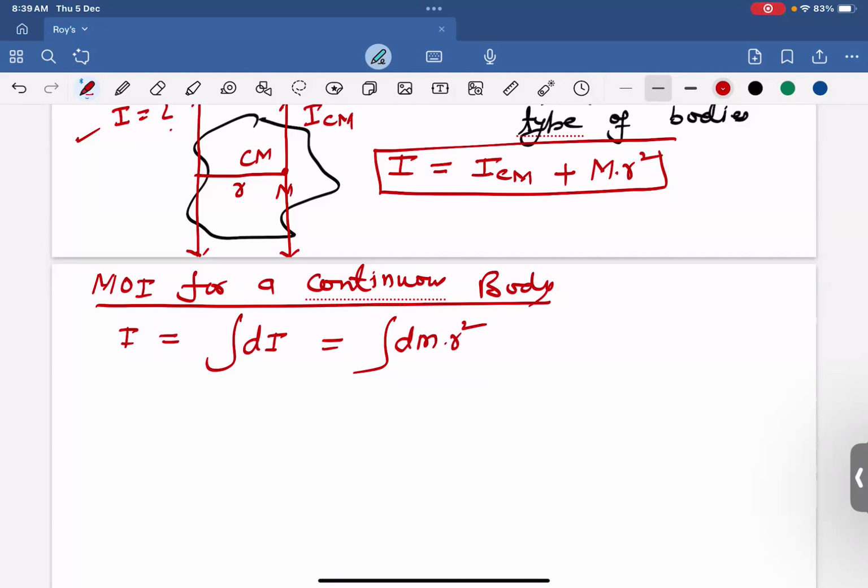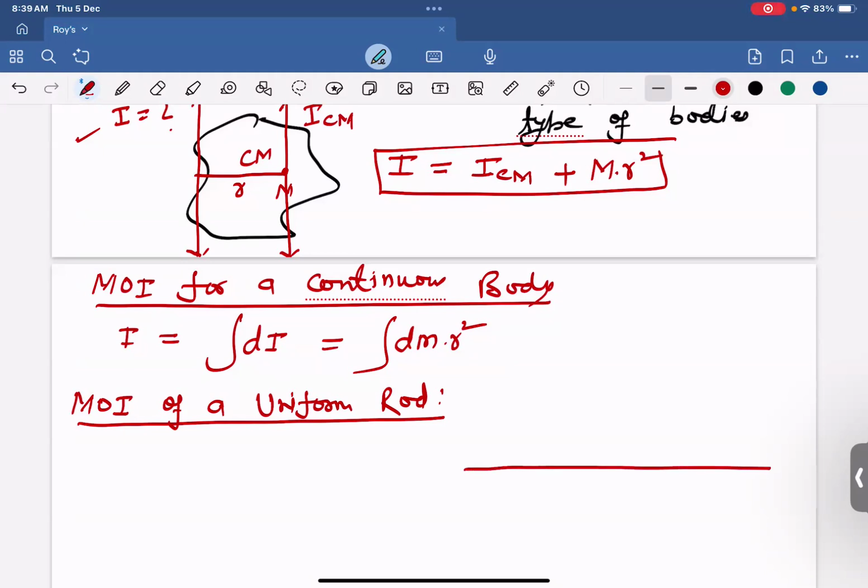If I say moment of inertia of a uniform rod, let's suppose this is a uniform rod and I have to find the moment of inertia.